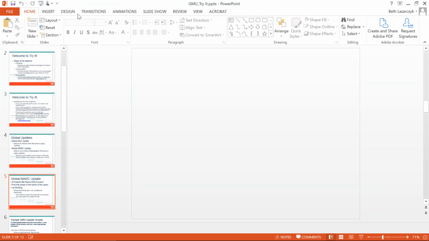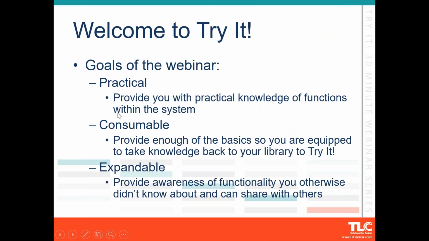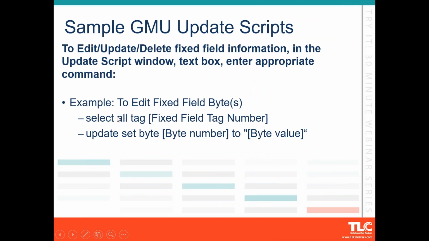I'm going to go back to my PowerPoint really quick here. As I mentioned at the beginning, I added in a few sample GMU update scripts that you can play with within your test environment, again, just to get more familiar with that scripting language.